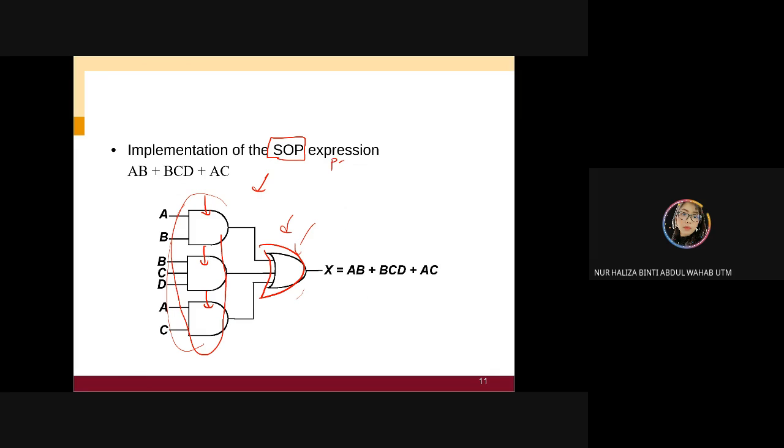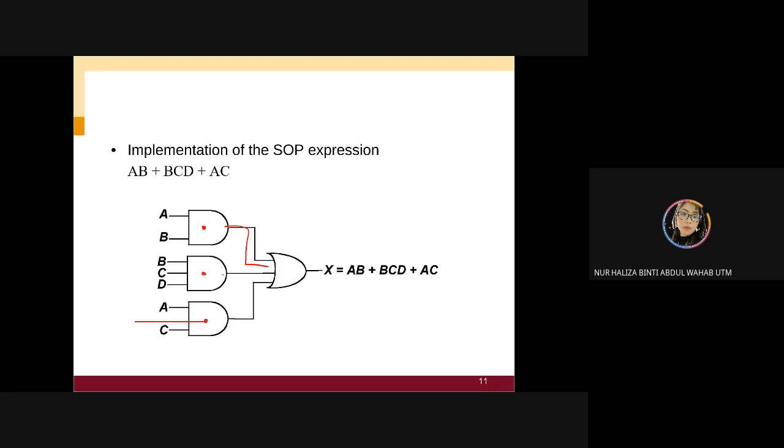But for POS, you have OR gates, and from all the additions, you will multiply it. This is POS. For SOP, you have all the multiplication, multiplication, multiplication.